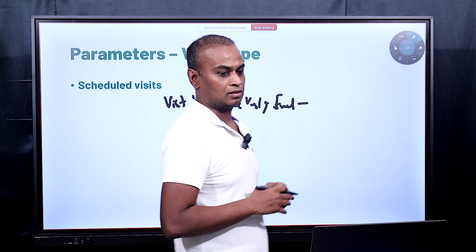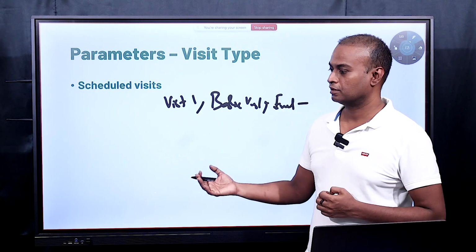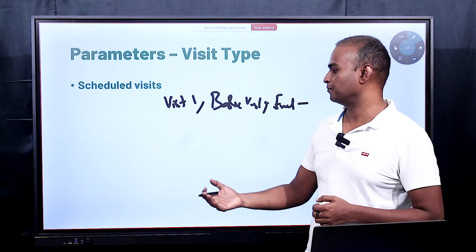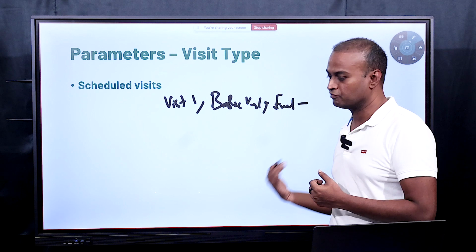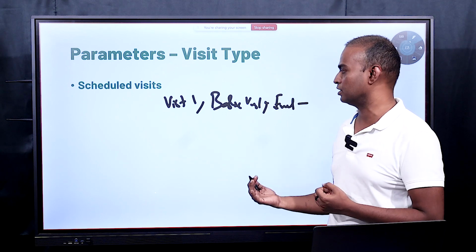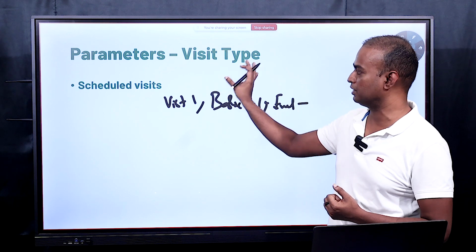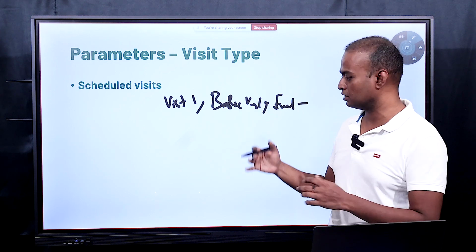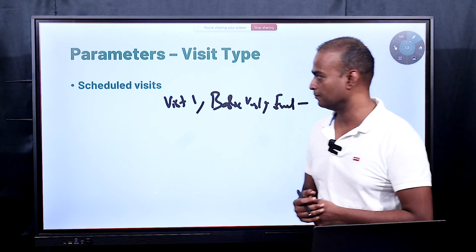For example, the client wants to call pre-screening as some other name. That name has to be linked with the system functionality, any desired system functionality. That system functionality we will decide in visit type. So what is a visit type? The same functionality is going to be applicable for that visit.